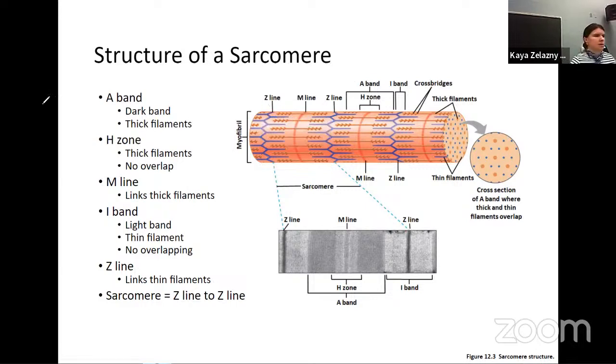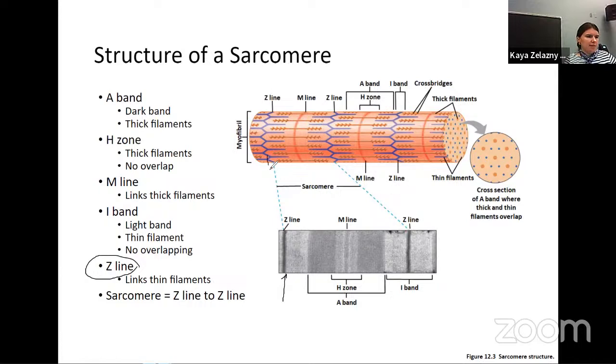Sorry, so back to these things in order. Actually, let's do it from bottom up, that's easier. Those zigzaggy lines, our Z lines, are dark here. Then let's go in next. If we expand, we're going to look for somewhere where we have no overlap with the thick filaments.